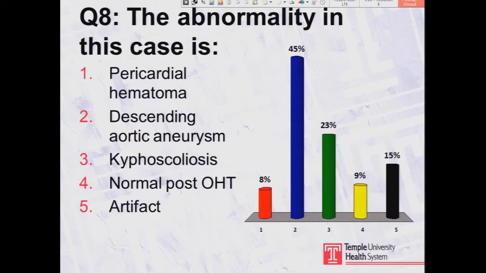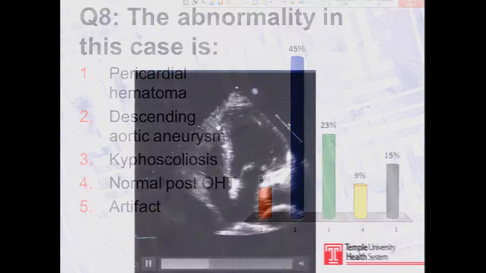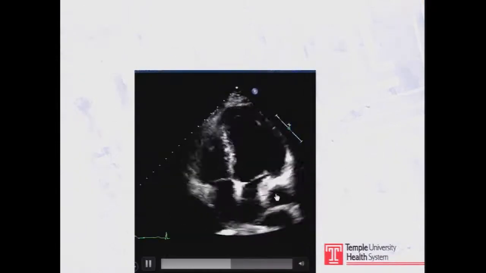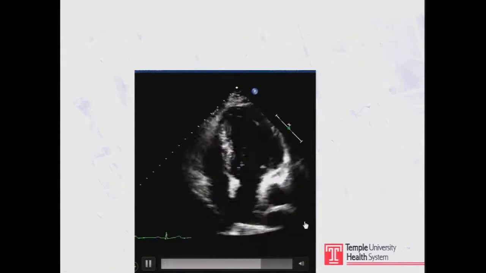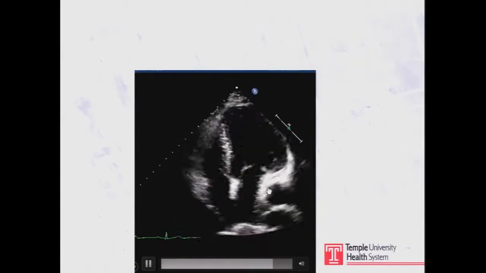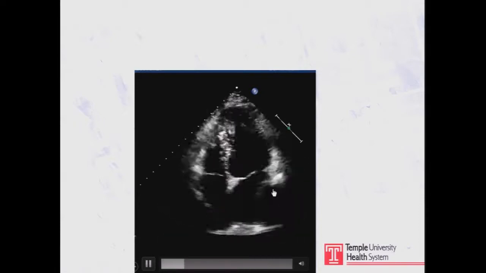I fooled you. Let's go to the picture. This is a patient. This is the descending thoracic aorta, and this is the spine. This patient has kyphoscoliosis. Neither of these, whether you thought this was the aorta or this, neither of them are large.